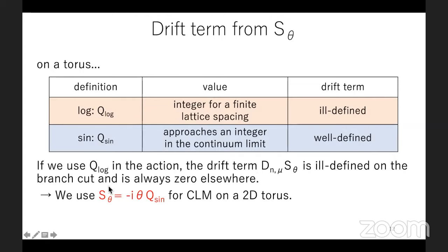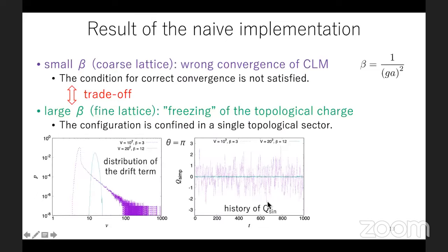So in this study, first we use the sine definition in the theta term. I will show the result of the naive implementation. Actually, the naive implementation fails, and there are two reasons.